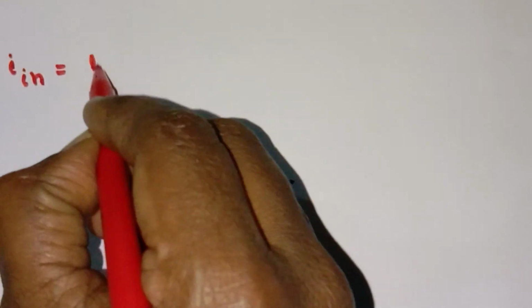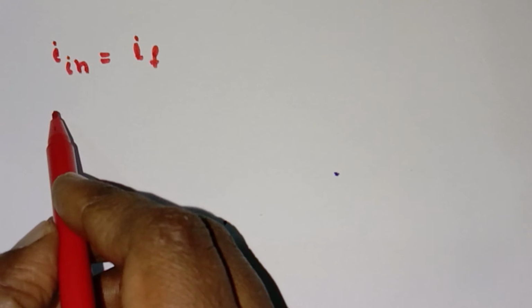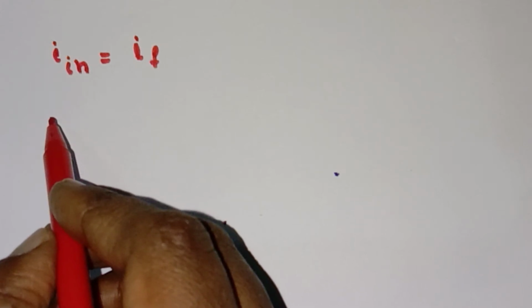So what we got here is IN is equal to IF. This IN and IF can be written from the figure, I is equal to V by R according to Ohm's law.